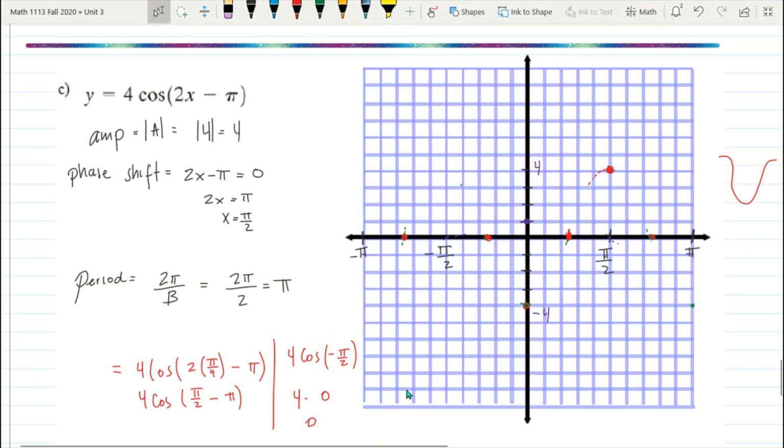So this is where we are. Right, and so remember, since cosine is a symmetrical graph, then this point has definitely got to be over here on the left side.